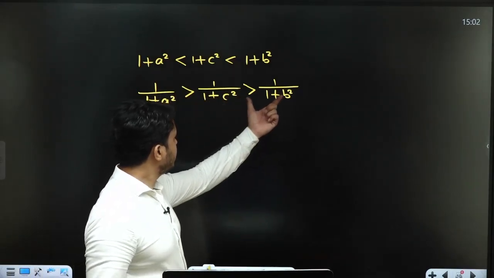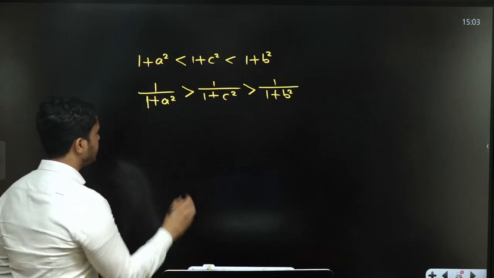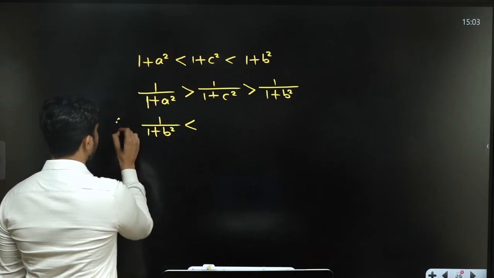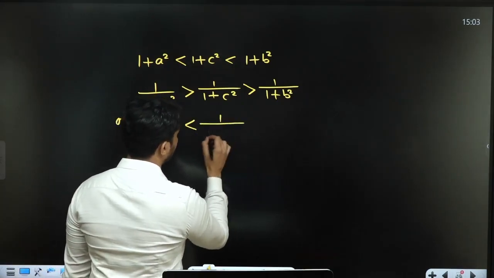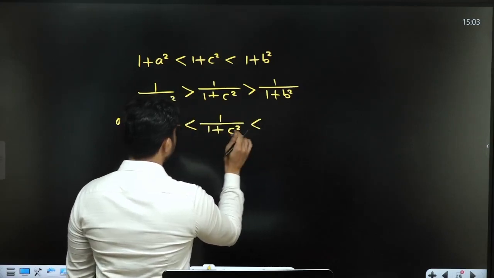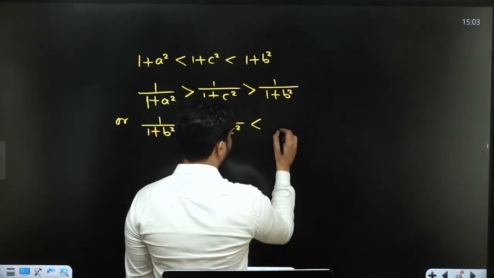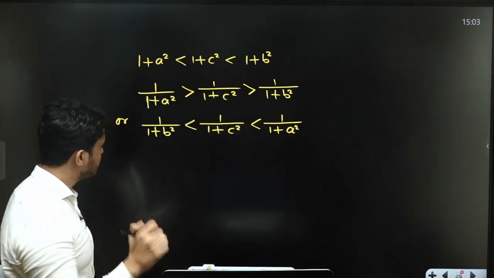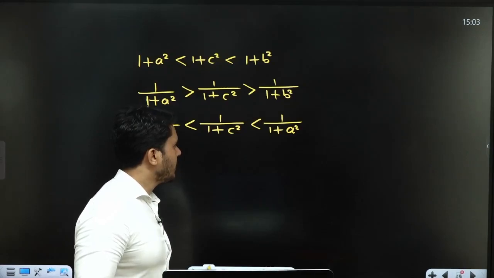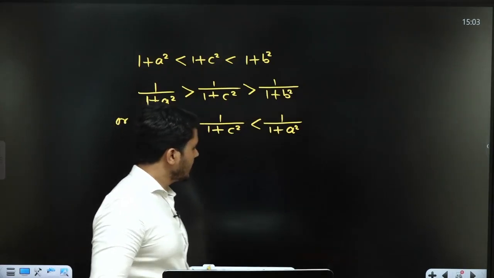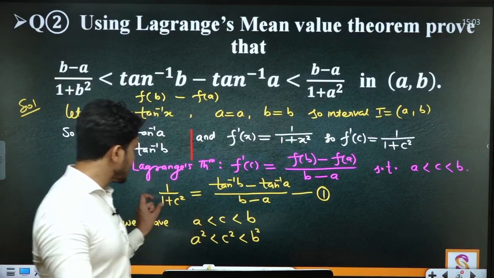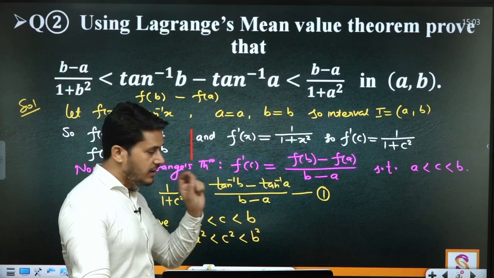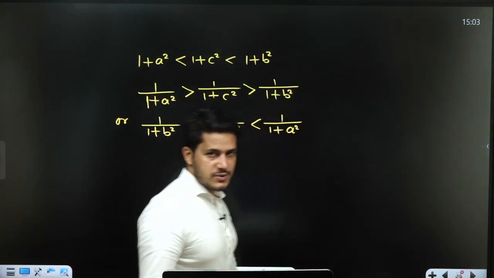ऑल राइट, अब इसके बाद क्या करेंगे? इसको रिवर्स करके लिख सकते हैं. 1 अपॉन 1 प्लस बी स्क्वायर less than 1 अपॉन 1 प्लस सी स्क्वायर less than 1 अपॉन 1 प्लस ए स्क्वायर. Now using the value of 1 upon 1 plus c square from equation 1, इस equation 1 से ये वैल्यू आप वहां यूज कर सकते हैं. इसी के लिए सब कुछ किया गया है.